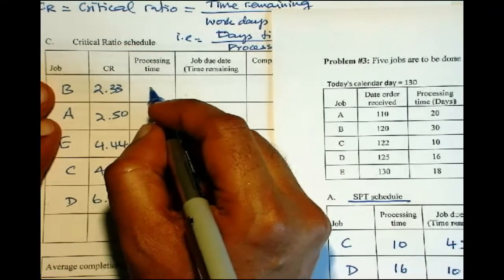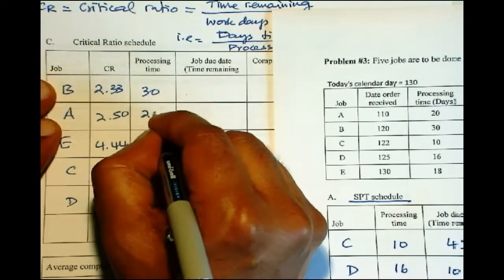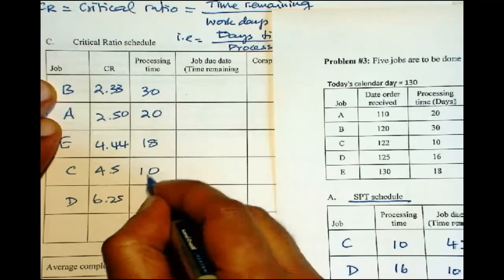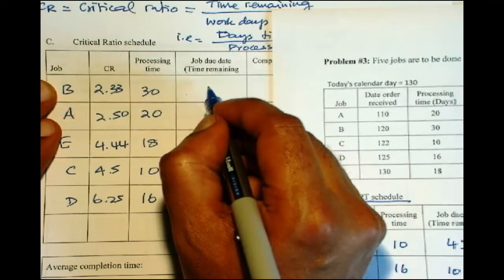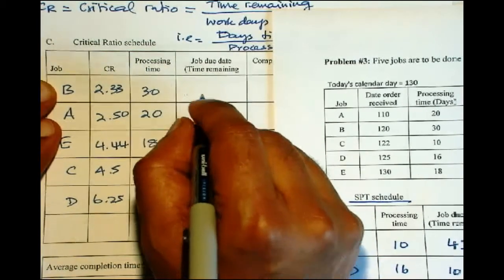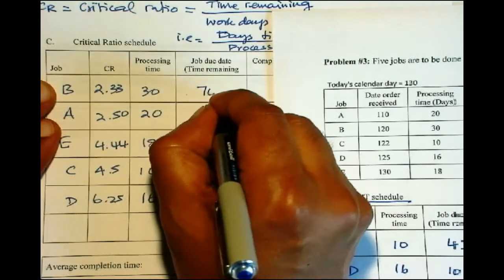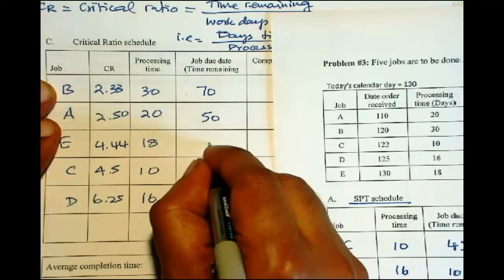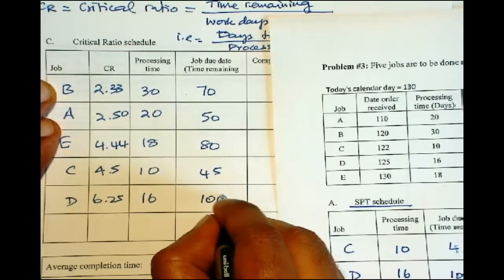So the processing times are 30, 20, 18, 10 and 16, and the job due date time remaining is 70, 50, 80, 45 and 100.